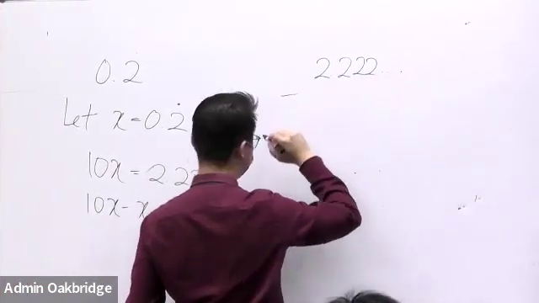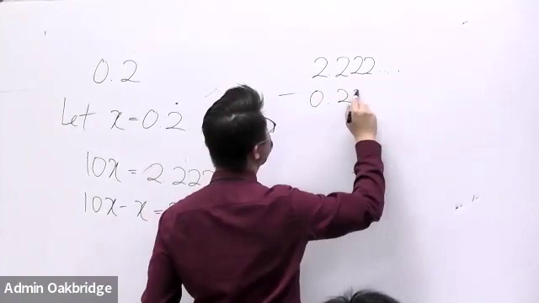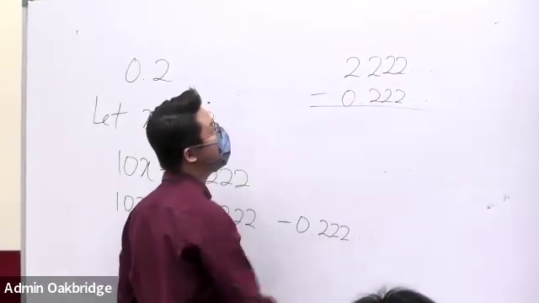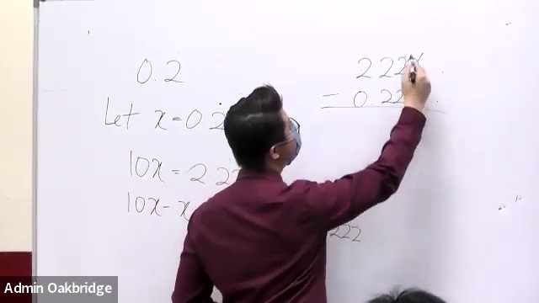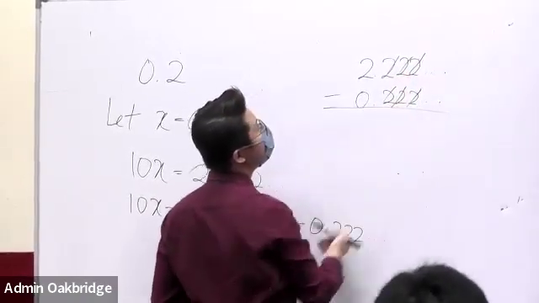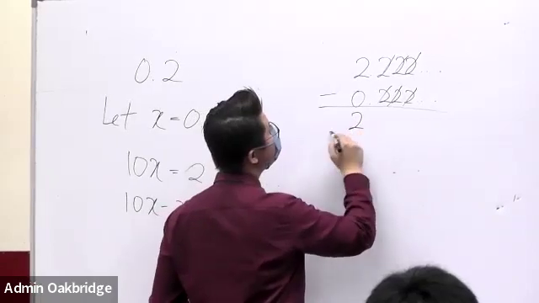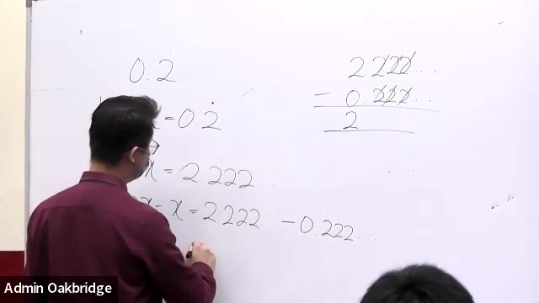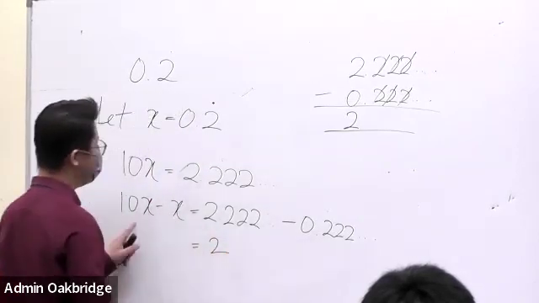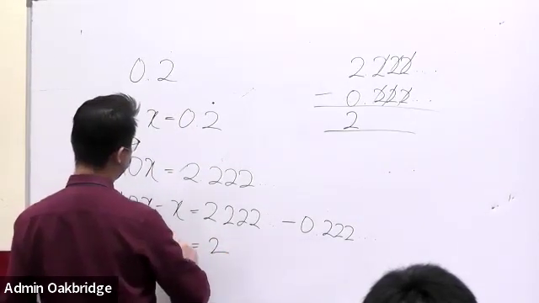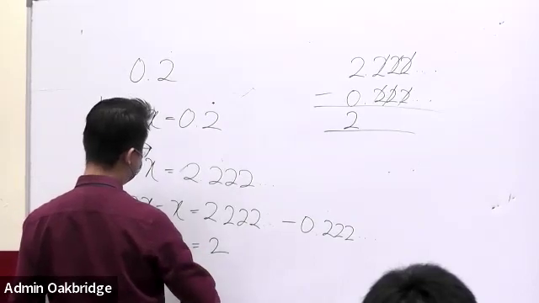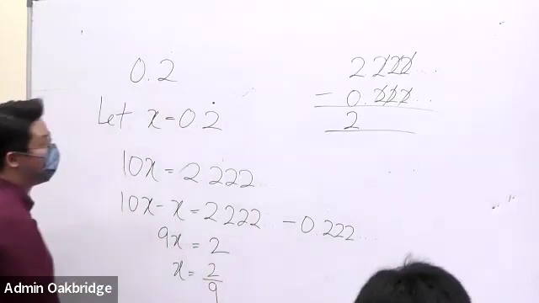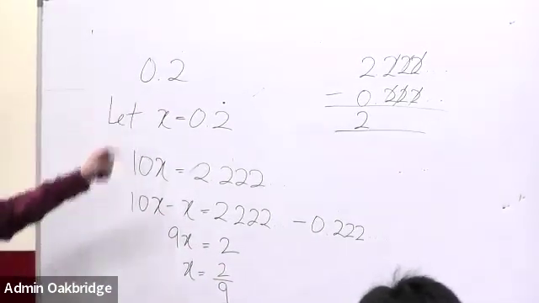All these decimal digits can be cancelled, right? And now only 2 is left. So this is how we simplify it. This is actually 2. And 10x minus x is 9x, and x equals 2/9. So this is how you get the fraction of this recurring decimal.